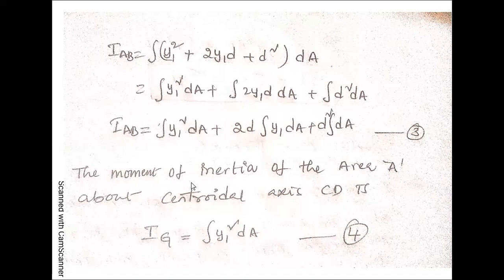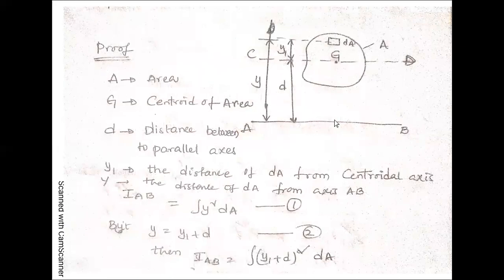So if you think about these terms individually, first is the moment of inertia of the area about the centroidal axis CD. That is the moment of inertia of this elemental area about the CD line, with perpendicular distance y1 and area dA.